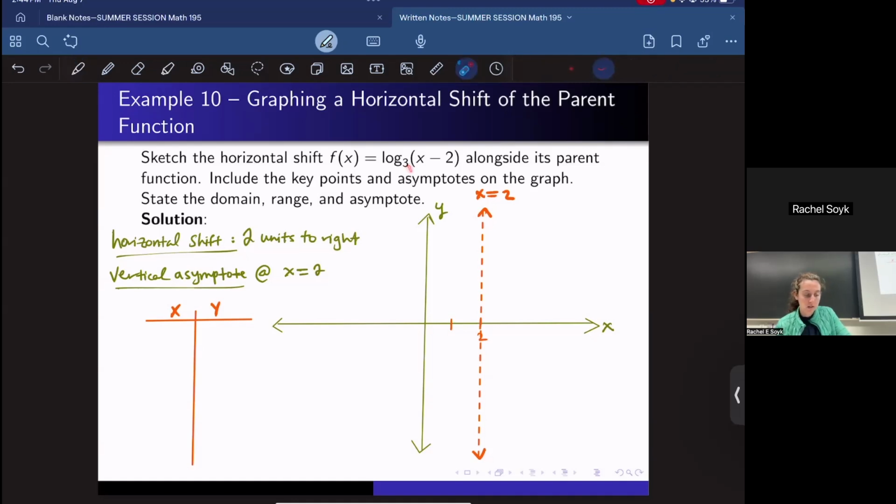So when y is 0, what is our x? We need this whole thing to be 1, which means x has to be 3, right? 3 to the 0 gives you 1. So that's a key point.